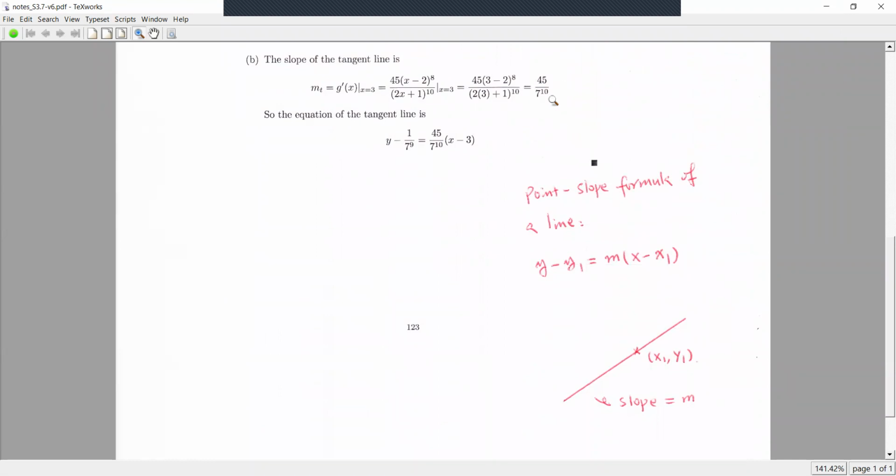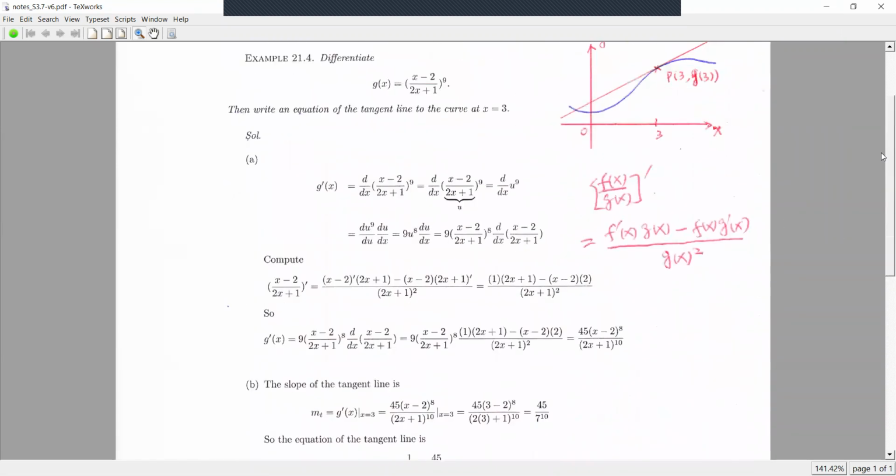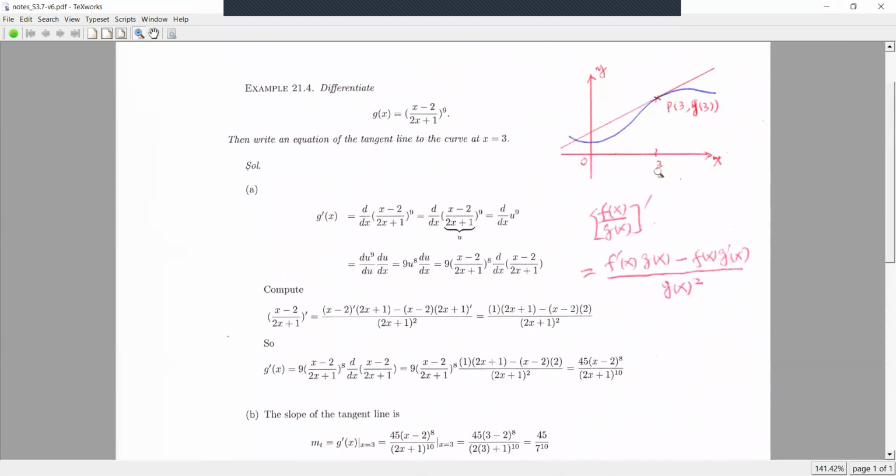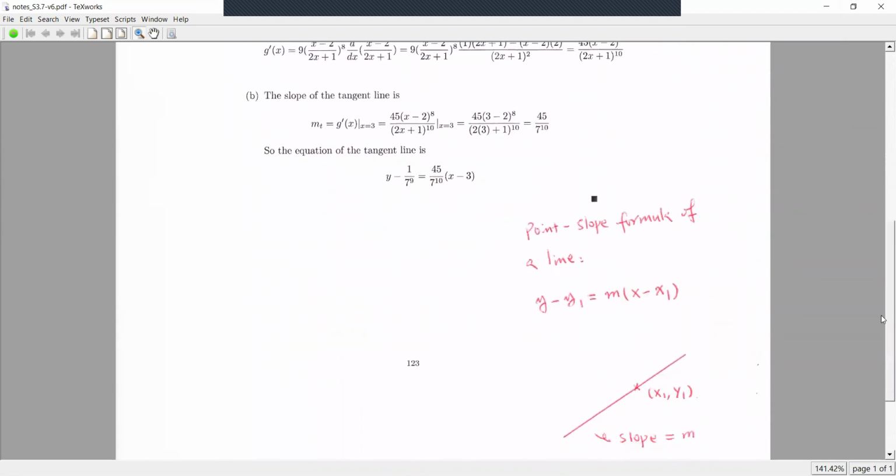Now, we can write down the equation of the tangent line by the point slope formula. Y minus y1. y1 is the function value at the point 3. How to get the function value at the point 3? Plug in the number 3 in the x here. Then we can get the function value at the point 3.